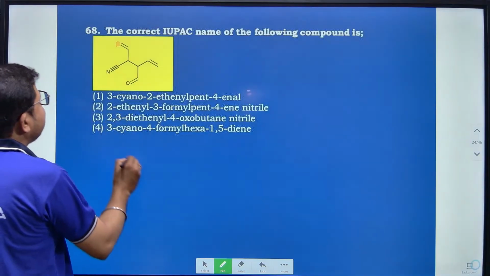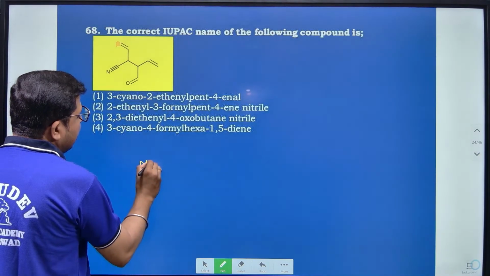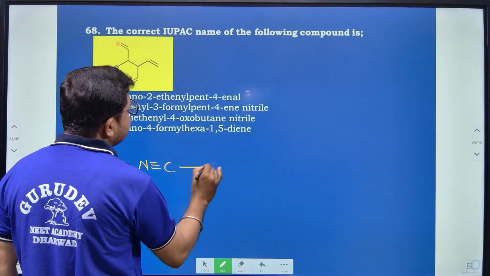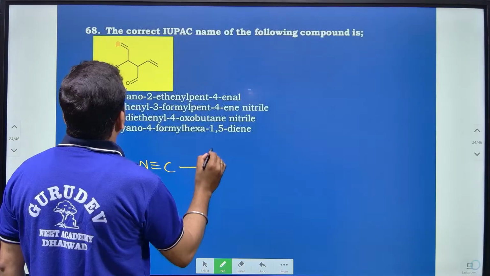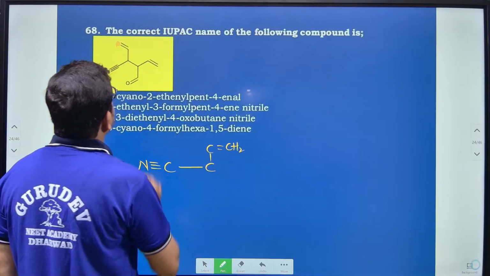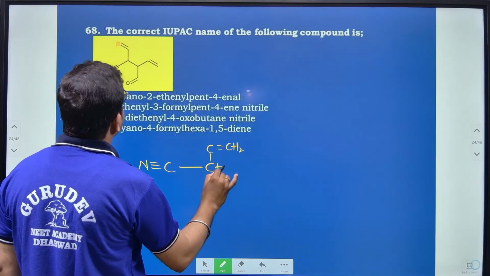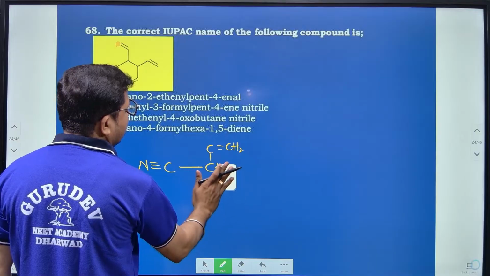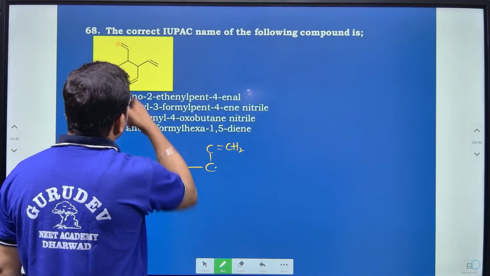So I will write this one as N triple bond C, then C double bond CH2, and here CH, right?